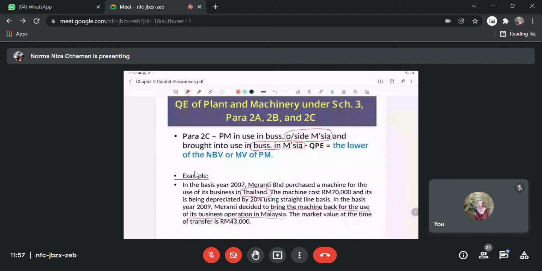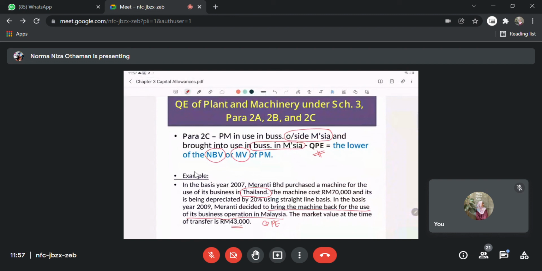So dia bagi market value 43,000. So nak identify the QPE, you akan ambil the lower of net book value or market value. So berapa jawapan QPE kita? 43. Okay. So kalau you kira net book value dapat berapa? 56,000.